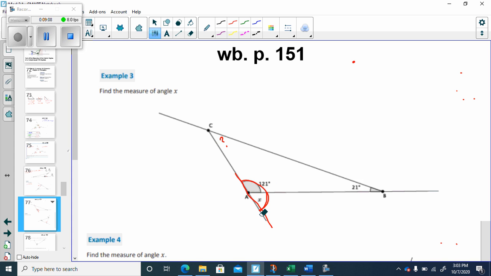A straight angle is equal to 180. So if these two angles have to add up to 180, couldn't I simply say 180 minus 121? Put that in your calculator and you would get 59 degrees. If you want to check yourself to see if it's right, add up 121 and 59 and see if they give you 180, because right there you've got a straight angle.